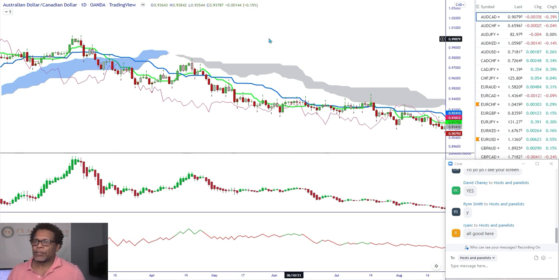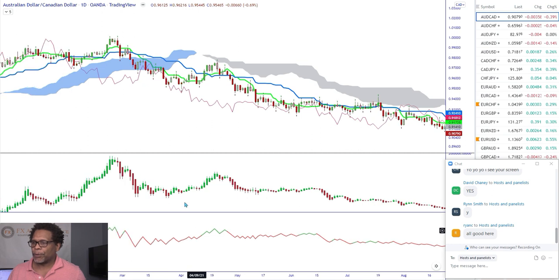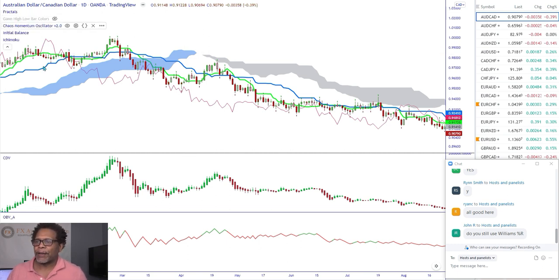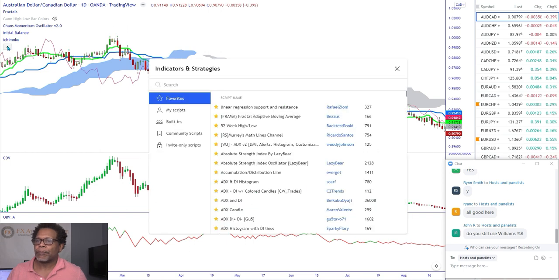So we're good. So looking at this Aussie Cad, I'm going to get rid of one of these because we're only going to use this upper one, but I just wanted to show you and help you to understand what this is. So let me also show you one last thing here. A lot of times we've been using the CVO. All right, so let's bring that up. Indicator. Go to CVO.